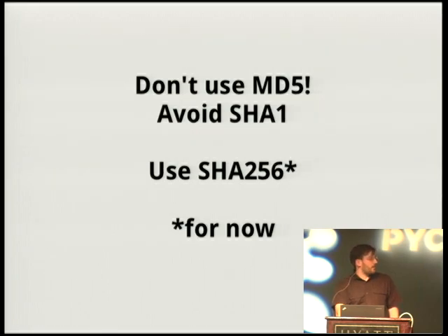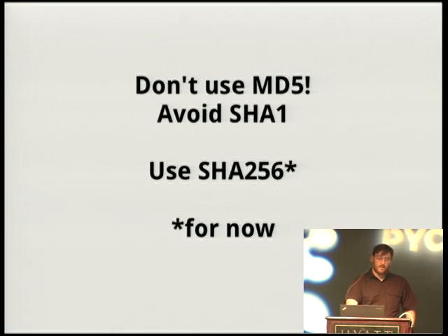It's still got the length extension problem, but it is not known to be cryptographically broken, and it's difficult to generate collisions. For now, SHA-256 is a good choice. There's also SHA-512. People ask, why don't you recommend SHA-512? The problem with SHA-512 is that on 32-bit machines, it can have serious performance problems.